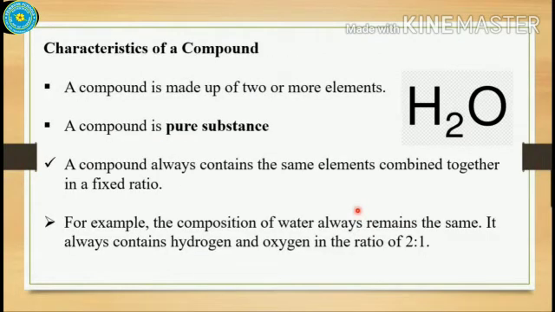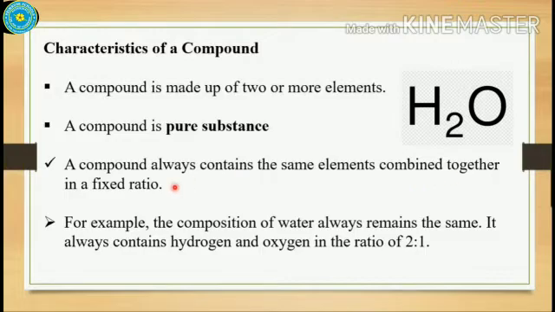Now we are going to see the characteristics of a compound. A compound is made up of two or more elements, that is hydrogen and oxygen. A compound is a pure substance. How come they are called pure substances? A compound always contains the same elements combined together in a fixed ratio.